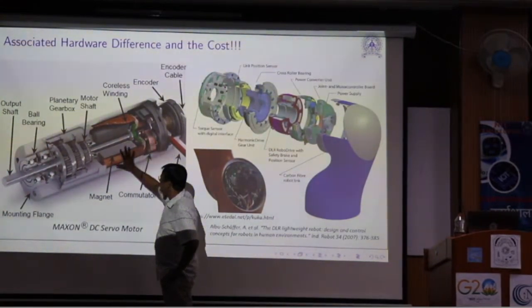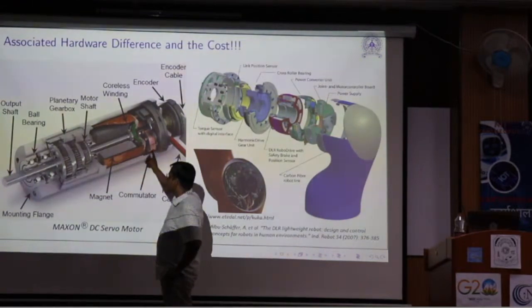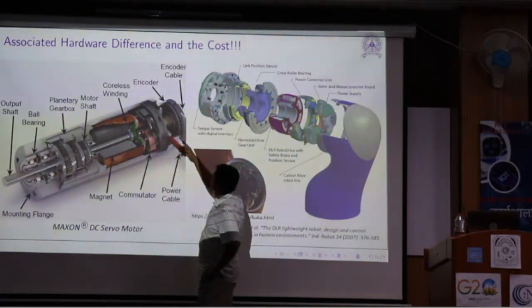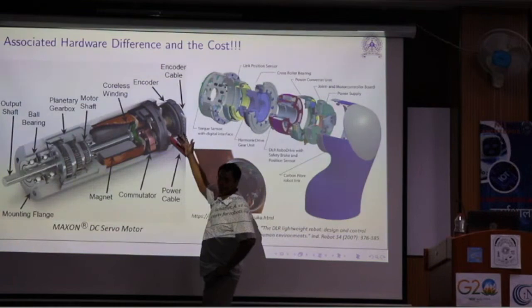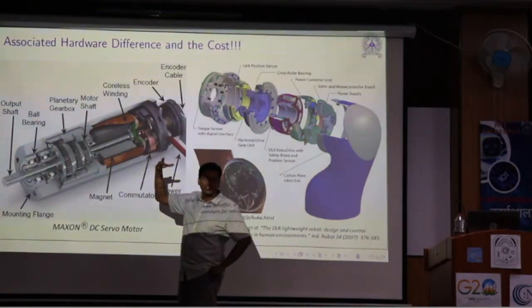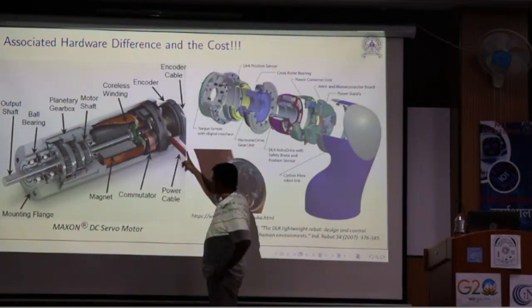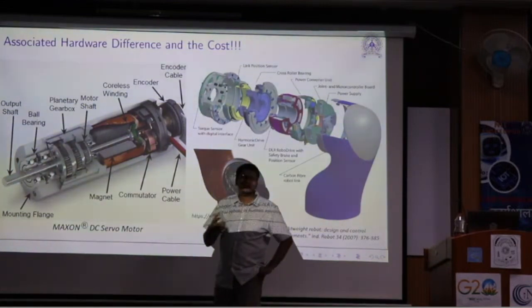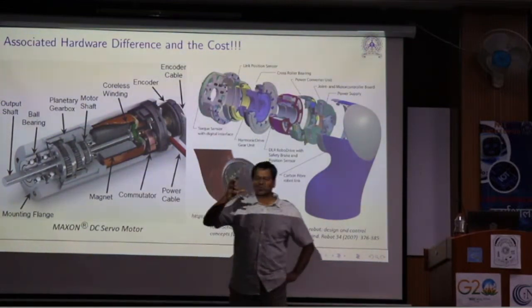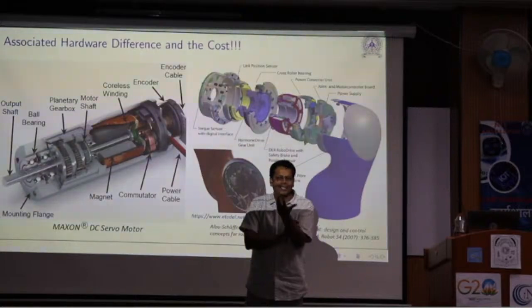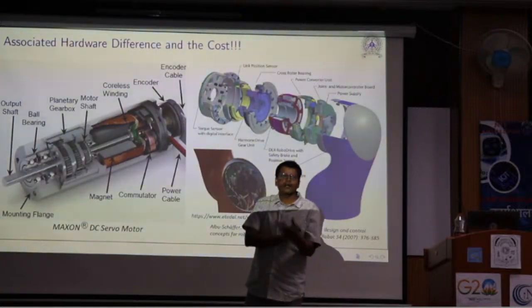So you have a DC motor, you have a commutator, and at the back end of it you have an encoder, optical encoder, or maybe a potentiometer, which can give you a position feedback. Wherever it is currently situated, it will exactly give you that angle in a relative way or absolute way.